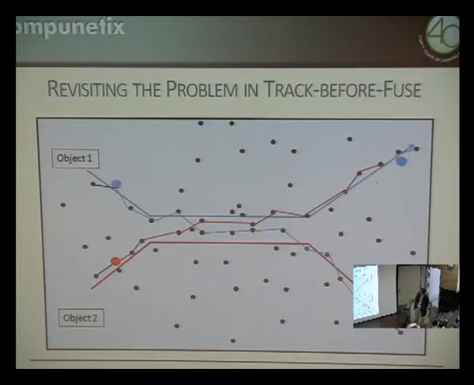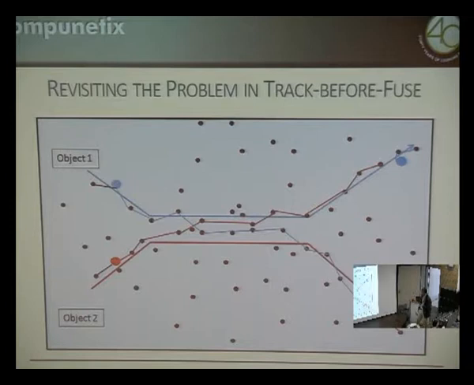Well, the simple approach that allows us not to do out-of-sequence state association and fixing errors back here is to say, okay, I detect that I made a mistake in my processing, I will terminate my fused tracks, and I'll start fresh. So that would be the track before fuse solution.